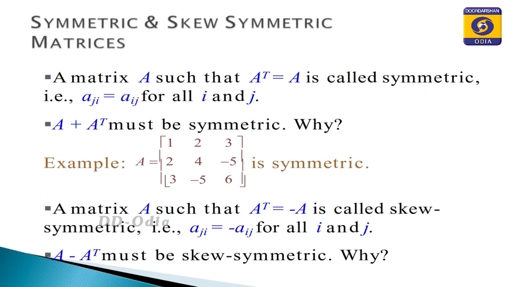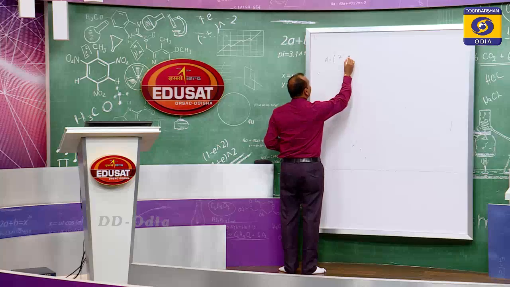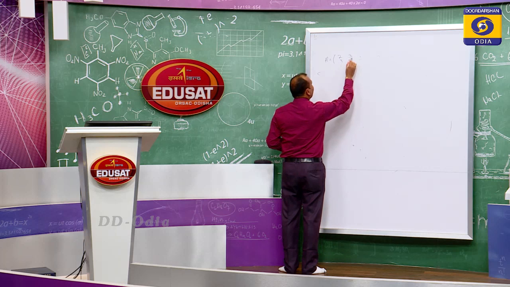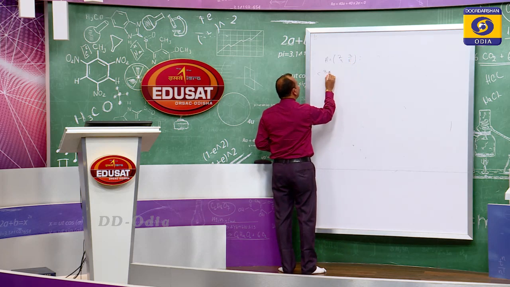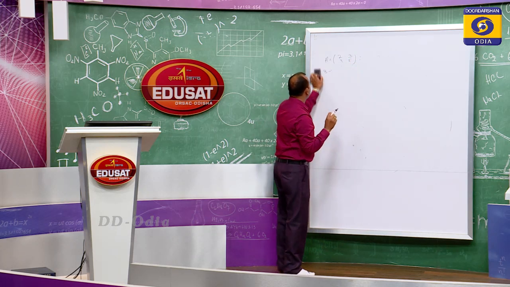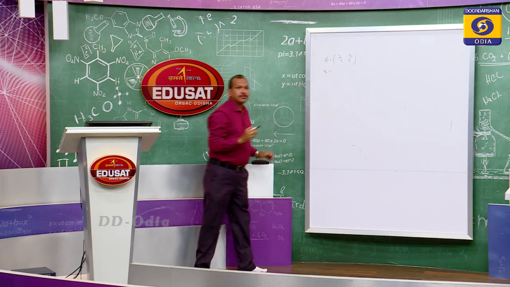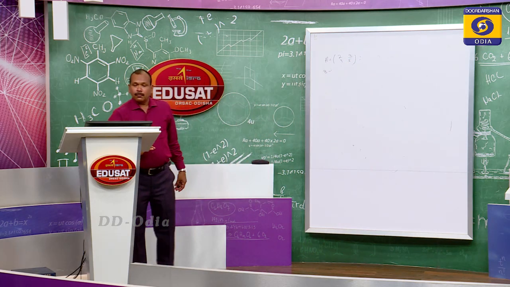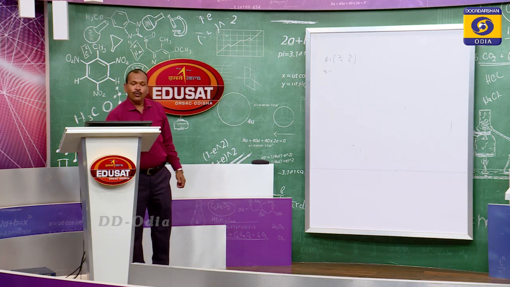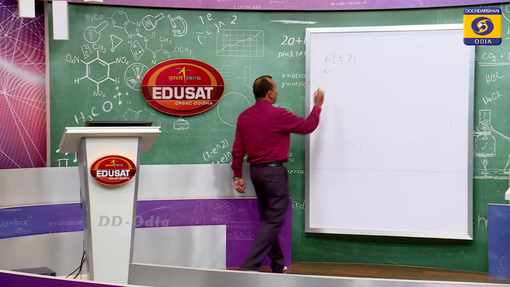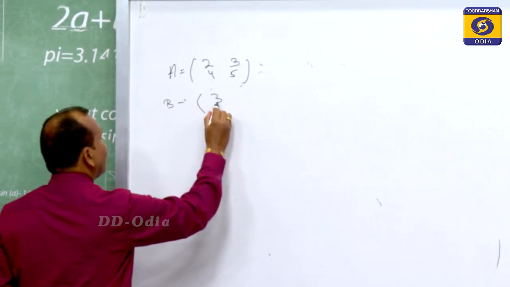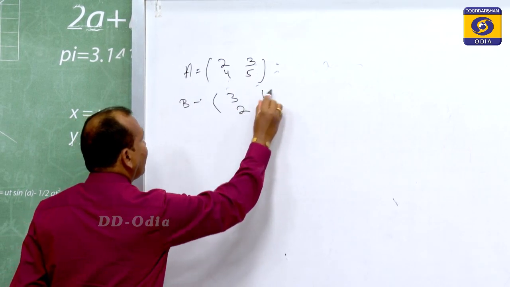A is the matrix given as 2, 3, 4, 5 and B is the matrix given as 3, 1, 2, 5.